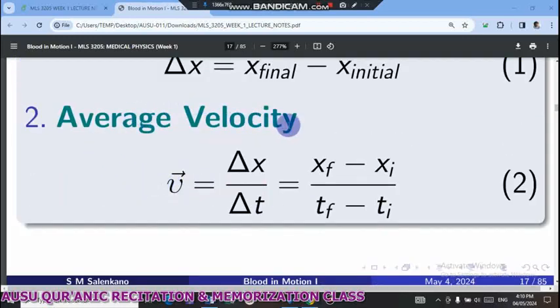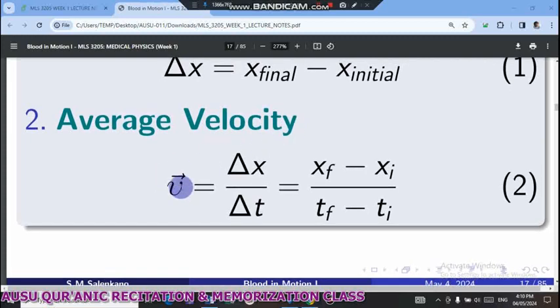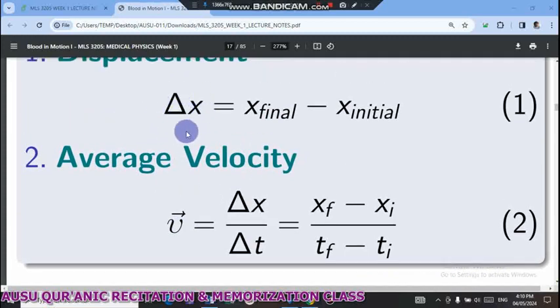Then average velocity. To get average velocity, you use the displacement you obtain here and the time taken to have this displacement. So you divide the two, delta x divided by delta t.